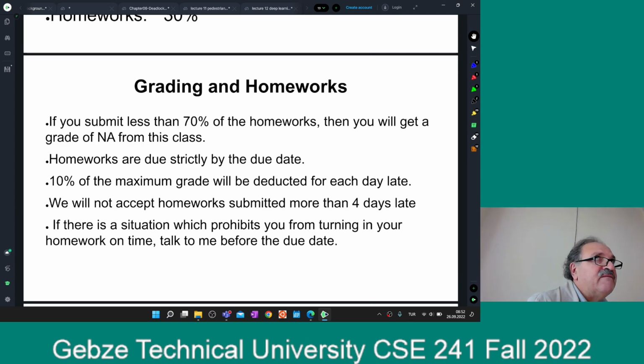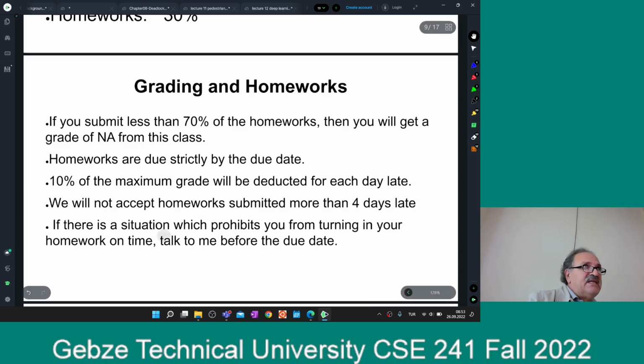We will not accept any homework submissions through email. You cannot say my Teams doesn't work and I am sending this email to you, etc. If there is a problem with the Teams system, then we will take that into account for the last minute. But if the Teams system is working, then all the rules are there.